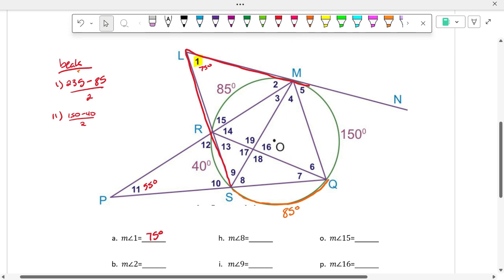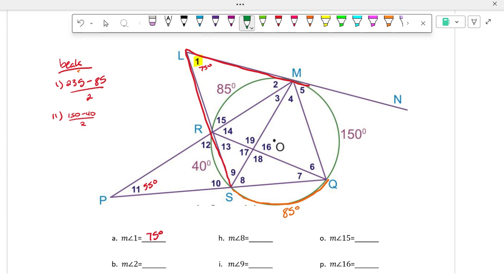All right. Now let's do bow ties. Someone name me one set of bow ties that will be congruent. 16, 17. All right. If I do 16 and 17, since they are vertical angles, they will be congruent. How do I find them?